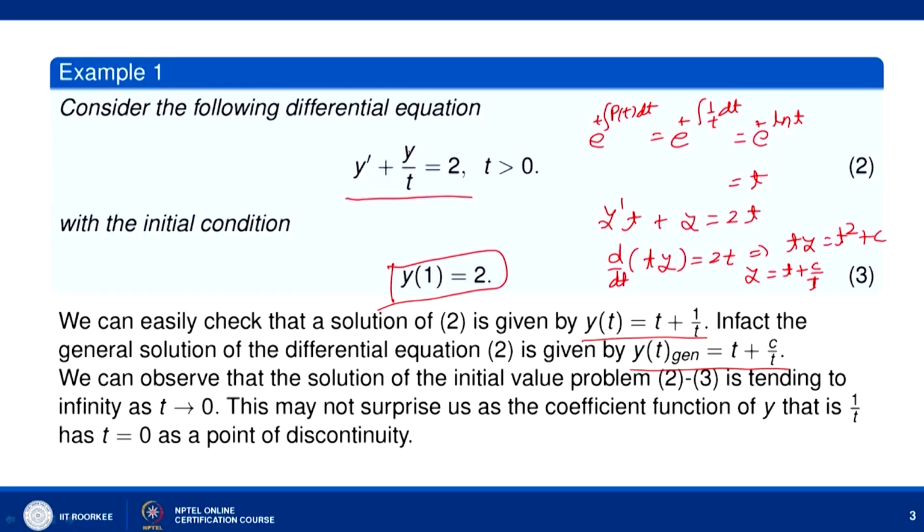The coefficient of y is 1 by t, and as t tends to 0, 1 by t tends to infinity. So the differential equation itself has a singularity at t equal to 0, and the solution may also have a similar nature, tending to infinity as t tends to 0. That is the observation we can make.